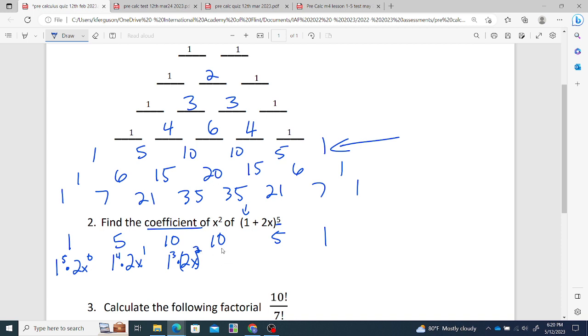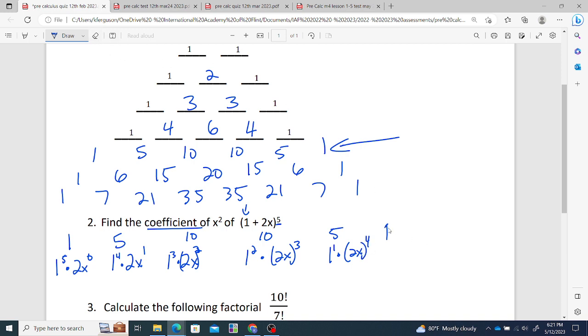Then, let's space these numbers out just a little bit. So 1, 5, 10, 10, 5, 1. So this next one is going to be 1 to the second power times 2x to the third power. Then this one is going to be 1 to the first power times 2x to the fourth power.